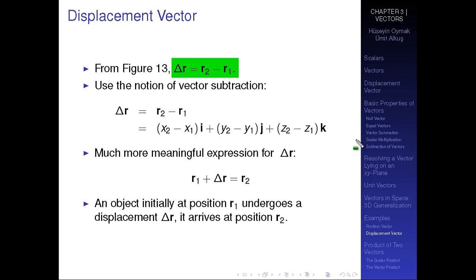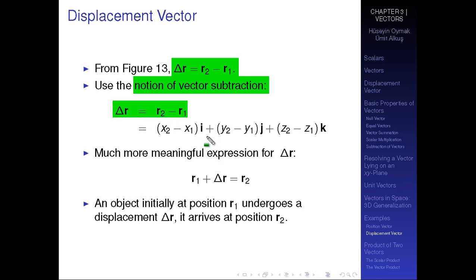Therefore, making use of the notion of vector subtraction, we express delta R as vector R2 minus vector R1, or in terms of the components of R1 and R2, that is, (x2 minus x1) i plus (y2 minus y1) j plus (z2 minus z1) k.